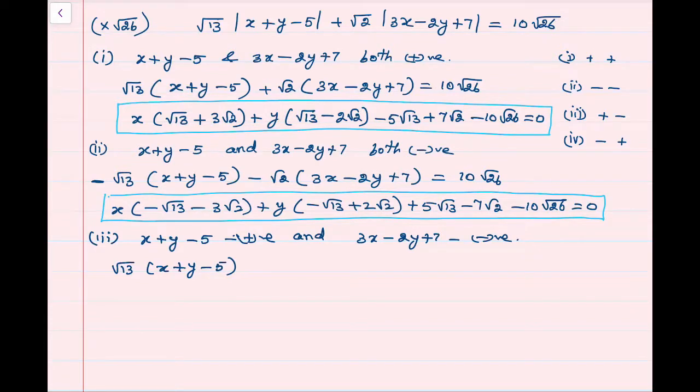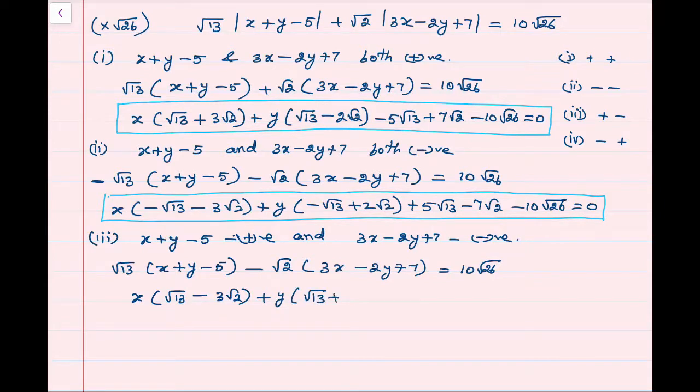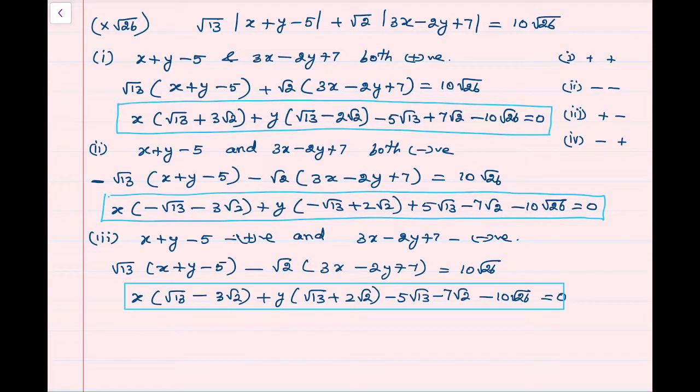To remove the absolute value sign, we have to put a minus sign. x times root 13 minus 3 root 2 plus y times root 13 plus 2 root 2 minus 5 root 13 minus 7 root 2 minus 10 root 26 equal to 0. This is again a linear equation in x and y which represents a straight line.